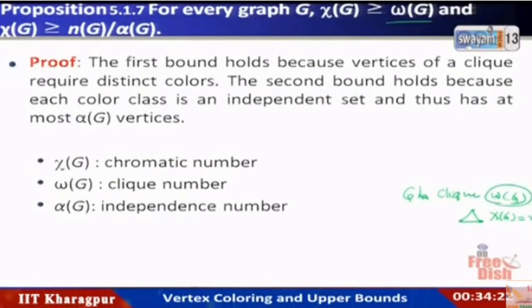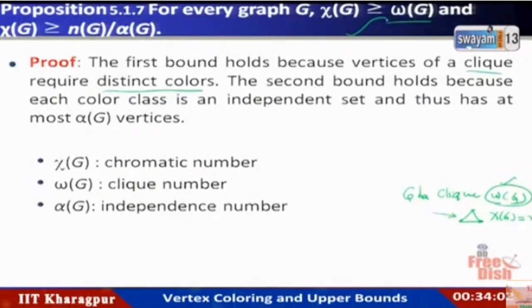You cannot obtain a proper coloring with fewer colors than the number of vertices of that clique. Hence the coloring you obtain should use at least the size of that clique many colors. Hence this bound is proved.